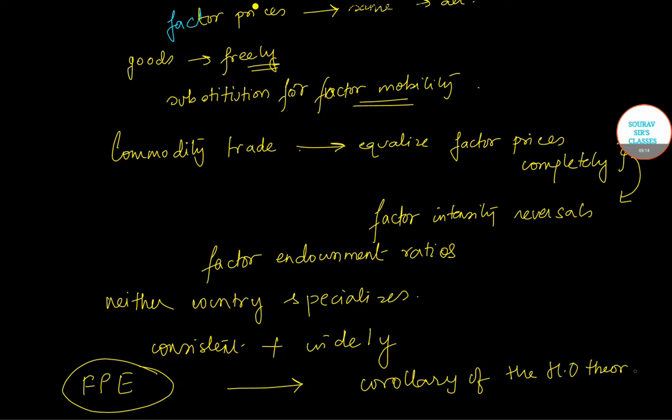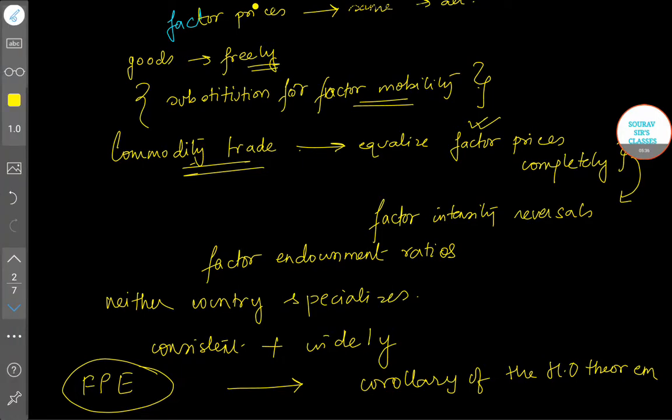Now, after knowing what the factor price equalization actually mean, where we are just substituting commodity trade for factor mobility so that we get equalization of factor prices completely, let us now look at the factor prices under the autarky situation. So I'll make a box diagram. So let me draw it.